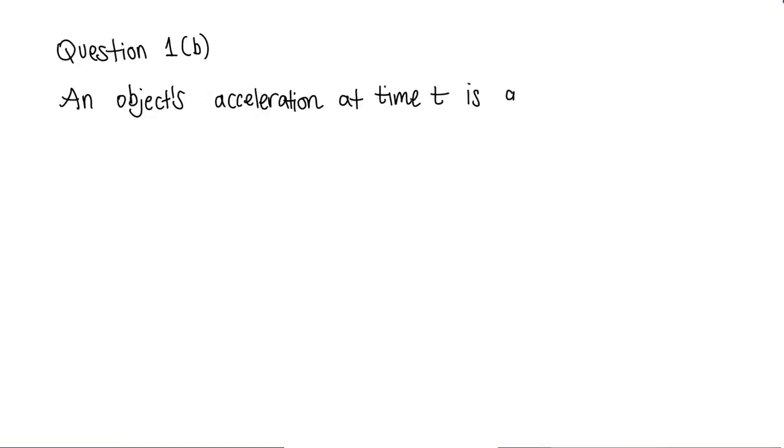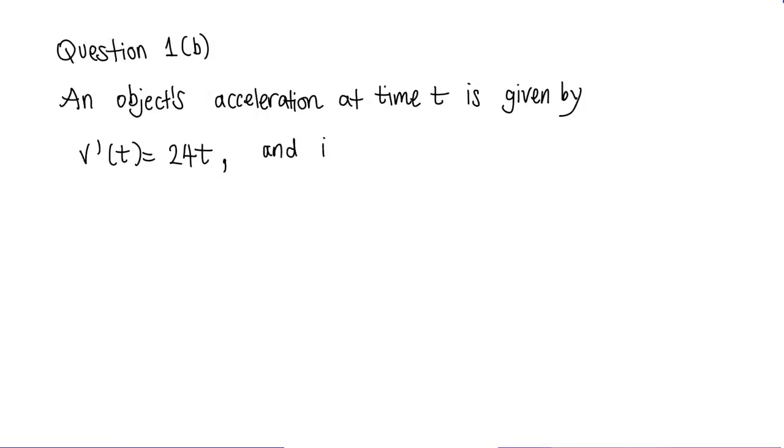An object's acceleration at time t is given by v prime of t equals 24t. I made it up, but it's really similar to what you're going to see on your exam.